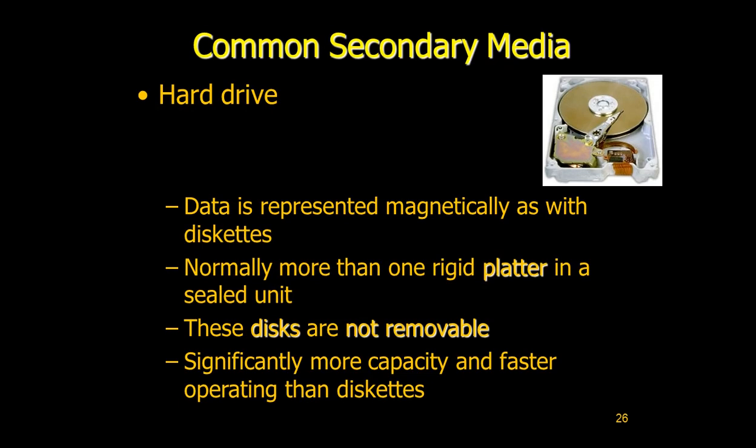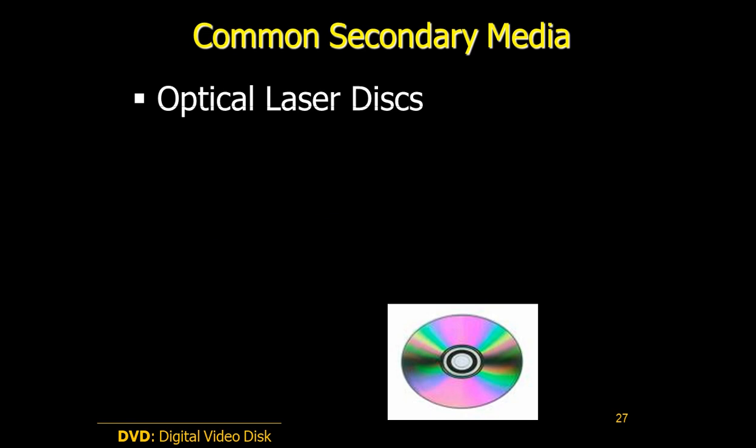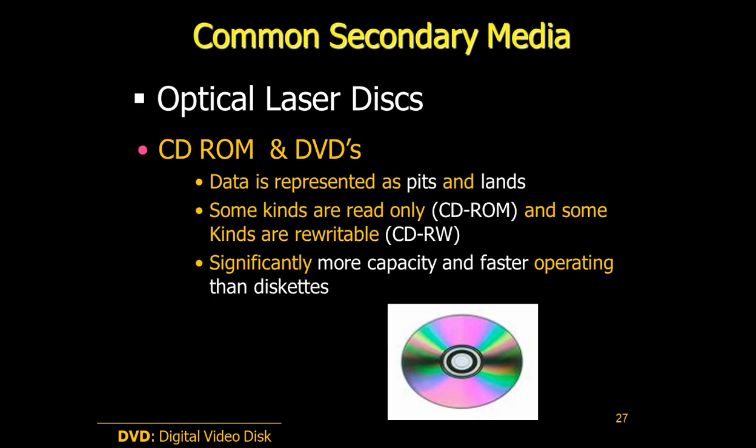Other common secondary media are external hard drives, which you can add to or remove from your computer. Yes, there's the hard drive which comes with your computer, but there are also those which you can buy. Other common secondary media are the optical laser discs, such as CD-ROMs and DVDs.